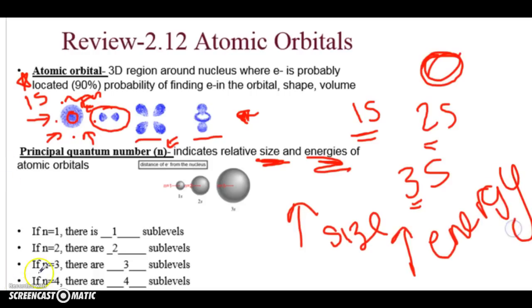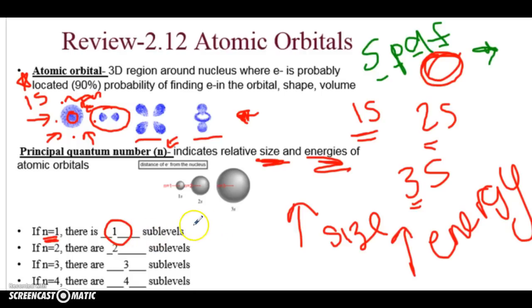If N is equal to 1, there can only be one sublevel. Now remember, sublevels go S, P, D, F. Some poor dumb fool, that's not nice, but that's how I remember it. There are a few other ones you guys can come up with, and I'll share those. So if N is 1, there can only be a 1s.